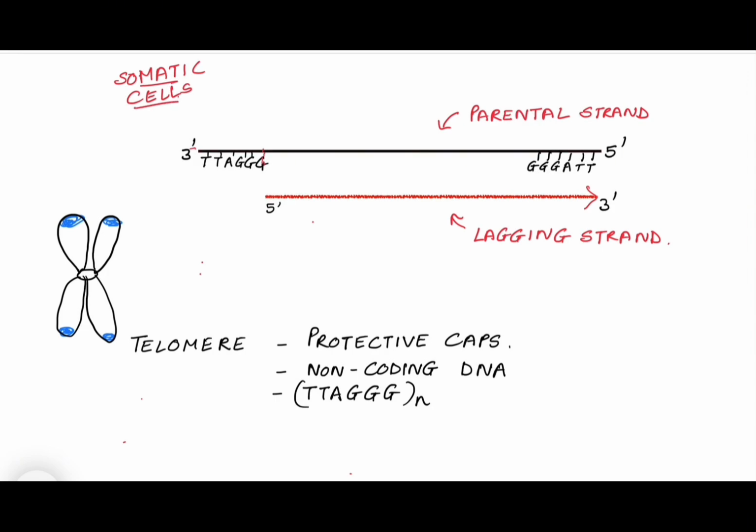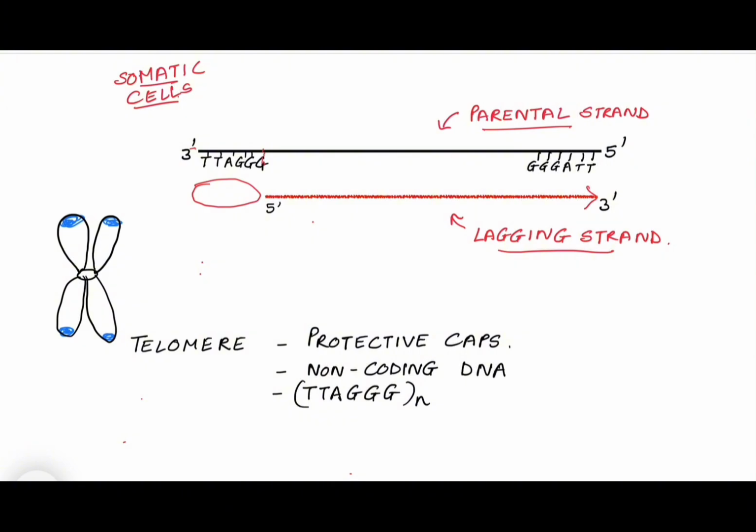So when we look at this figure, we are mainly talking about the lagging strand and the parental strand which is attached to it. We are not looking into the leading strand because this end replication problem doesn't occur in the leading strand. So when the last primer is removed, this gap is left at the end of the lagging strand because there is no free 3' OH group for DNA polymerase to form the remaining strand.